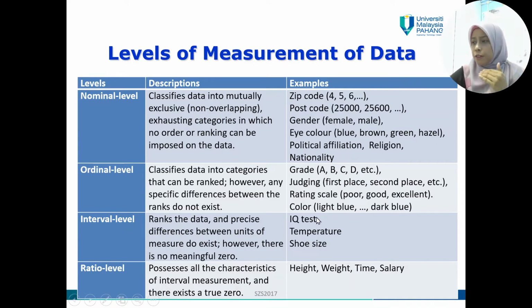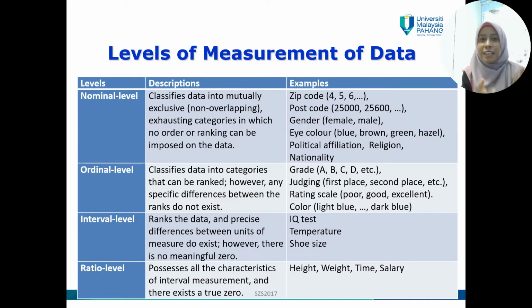But what if the IQ test result turns out to be 0? Now remember, an IQ test score is to measure a person's intellectual ability, right? So if the score is 0, does it mean that person has no intellectual ability? That is impossible, because everyone has their own level of intellect.